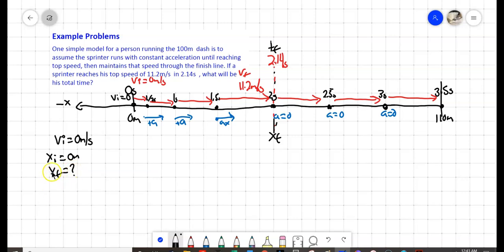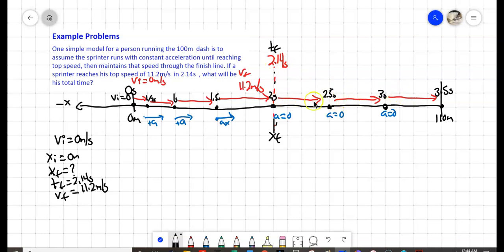Is their position at which they hit their top speed, and that is occurring at this point of 11.2 meters per second. So I think this is what we need to find first. So we're going to solve the first part of the motion here, and we're going to find out what position they actually hit that top speed of 11.2 meters per second at 2.14 seconds.